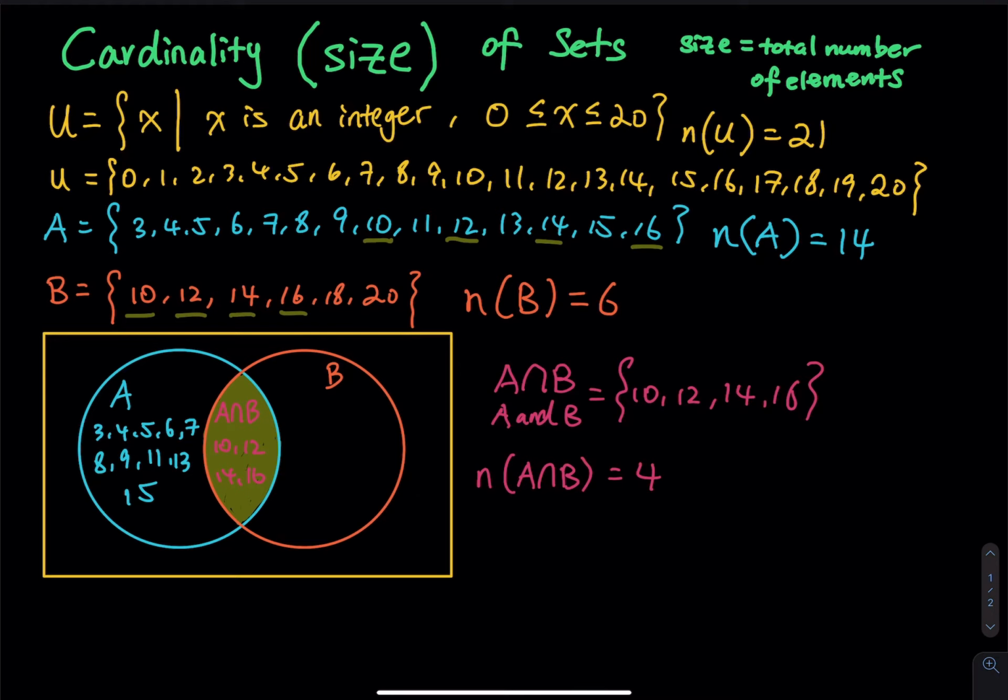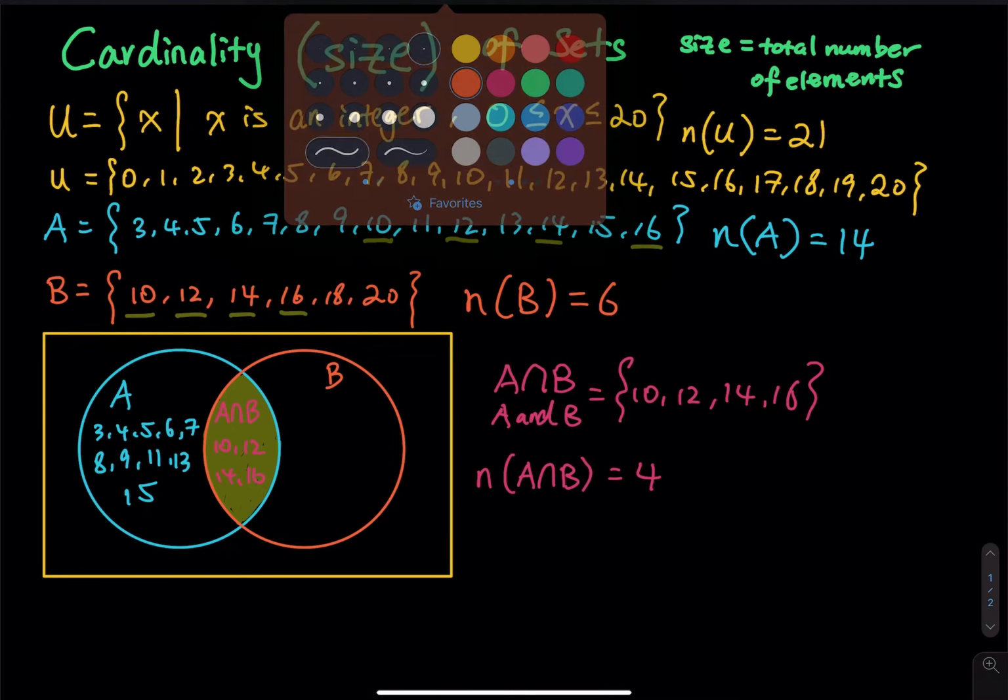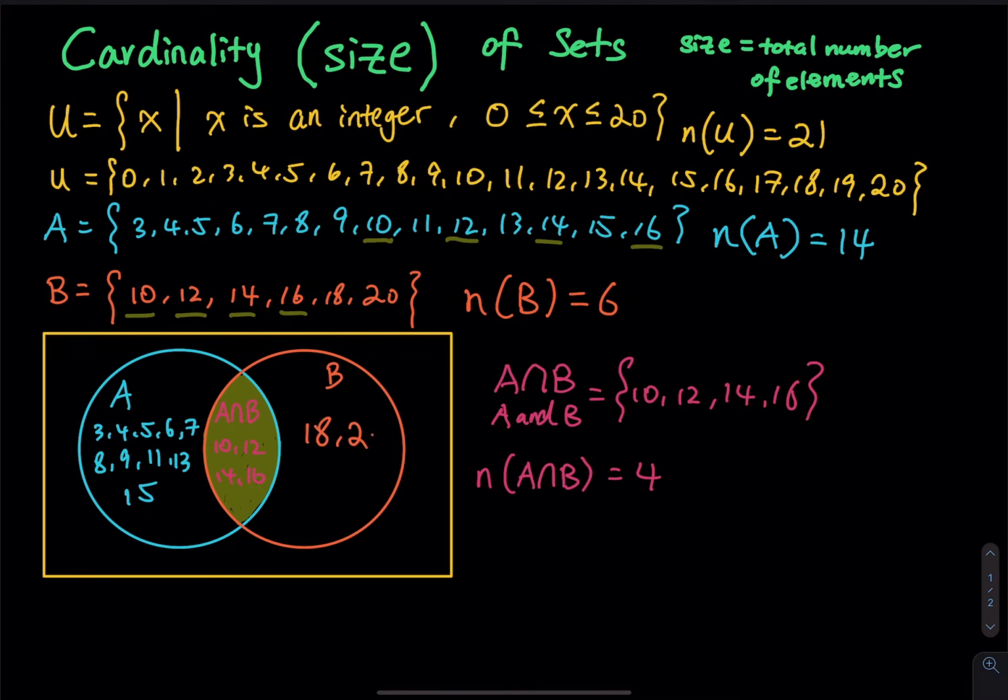After you toss 4 numbers to the intersection, you have 18 and 20. Remember, no repetition. That means you cannot put 10, 12, 14, and 16 in the orange circle B anymore because you already counted them in the intersection. So you should erase them. Do not count the repetition.